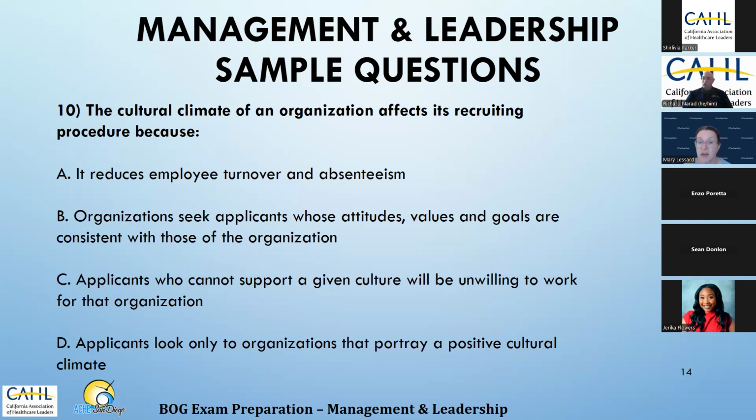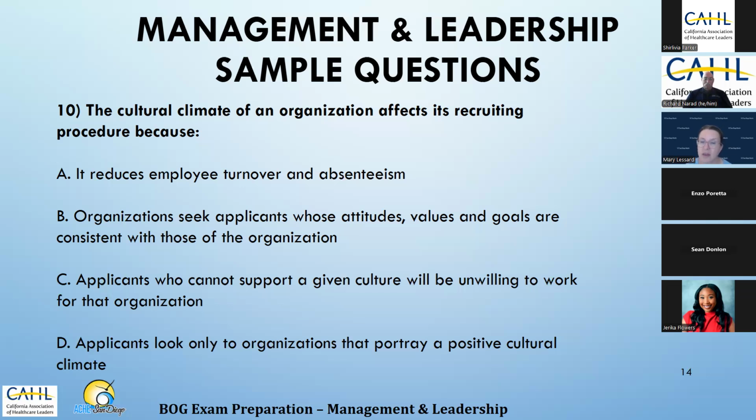When I look for a job, I'd like to see a positive culture, but I wouldn't say that's the only thing I'm doing. So I'm going back to B, because it seems to me the most complete. It's talking about applicants again, and it hits the sweet spot of attitudes, values, and goals, which are what a culture is made up of.